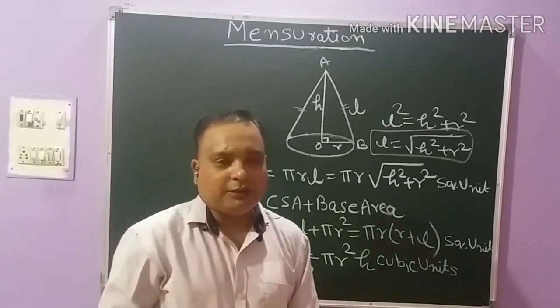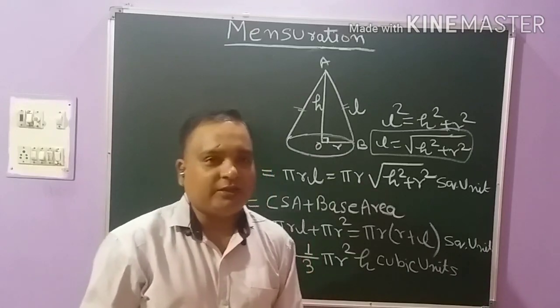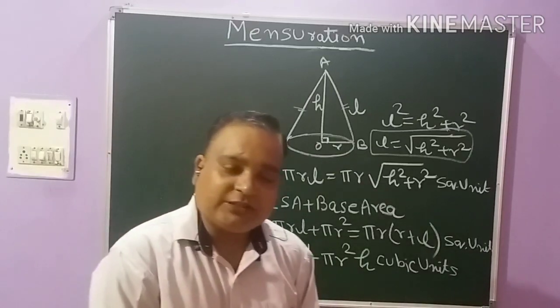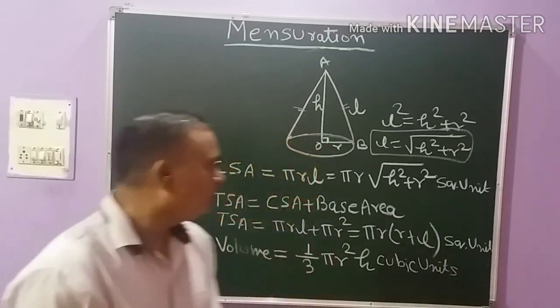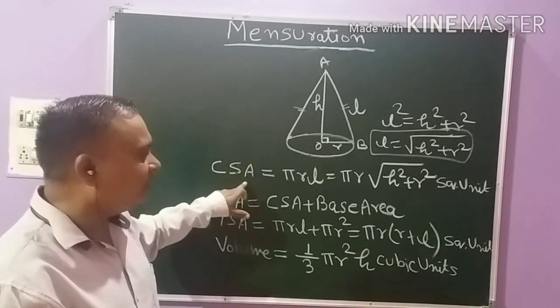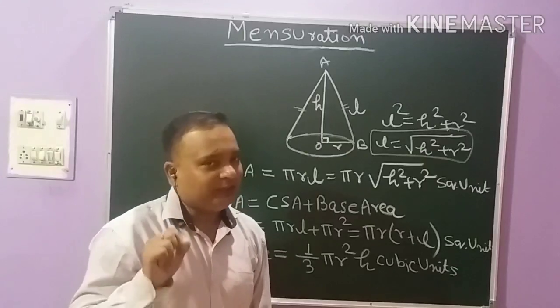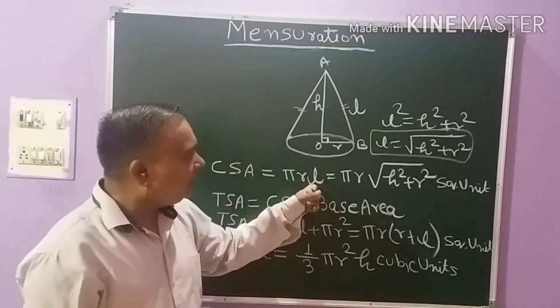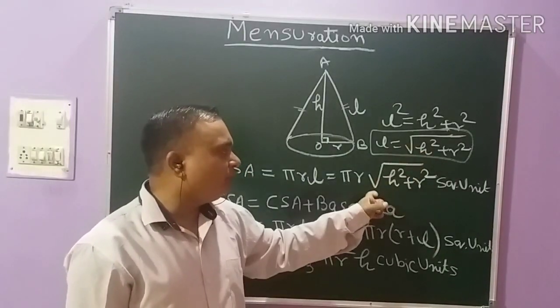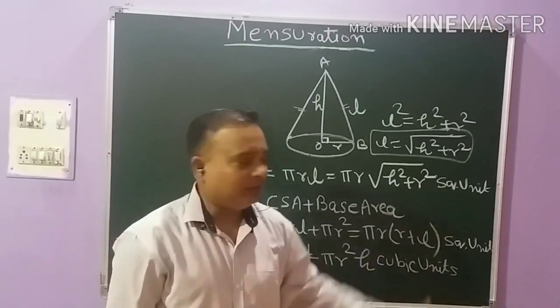The formula for curved surface area is pi r L, where L is the slant height. So put the value of L, that is under root H square plus R square.